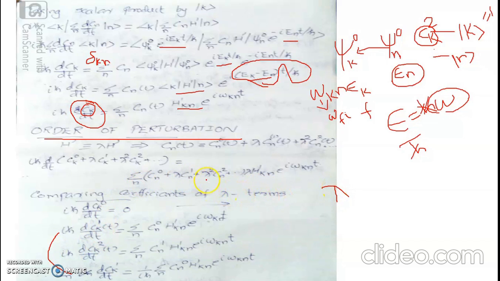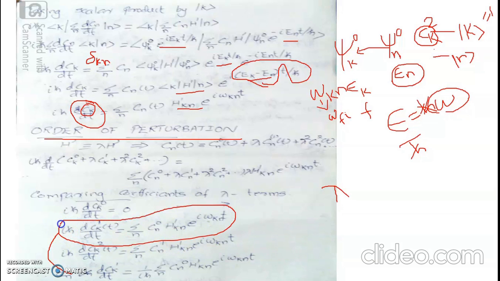So the significance of higher order terms of lambda in this expression will be extremely small, because lambda itself is a very small parameter. The square and cube terms of lambda will be negligibly small. So within the limit of accuracy in which we are interested, we will generally be content with the correction up to the first order term.